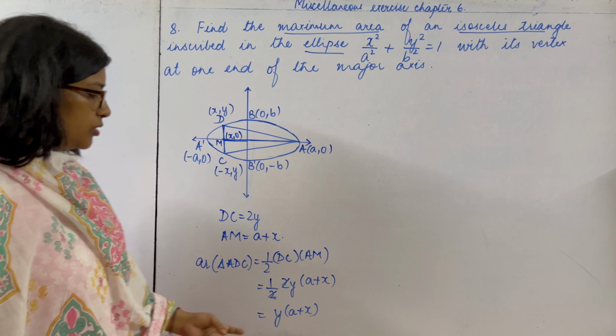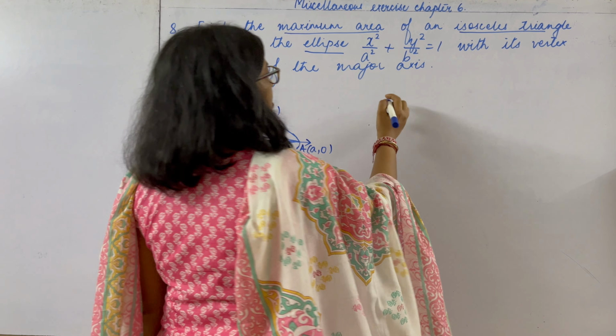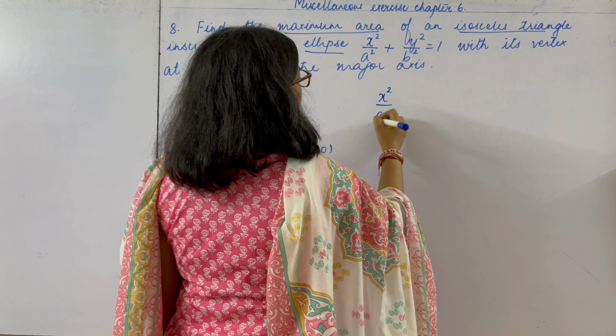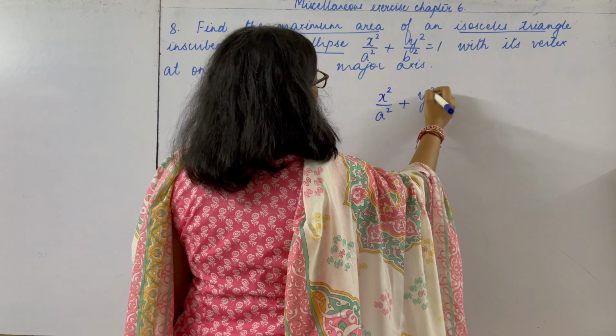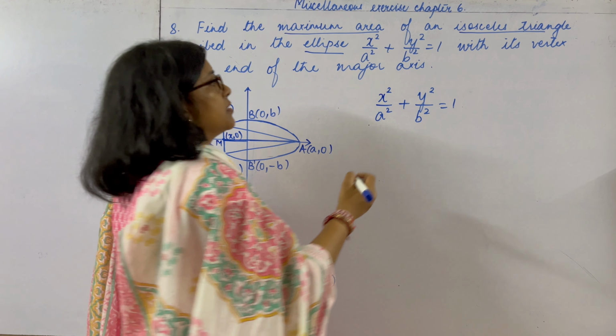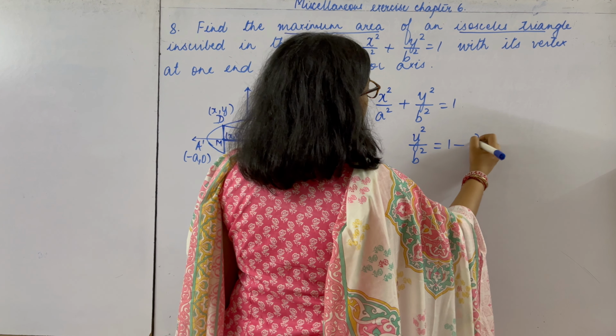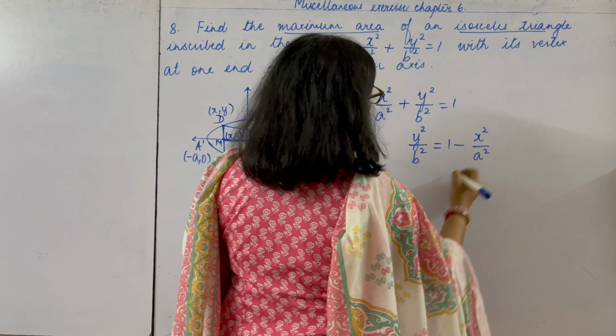Now we don't want two variables. So what we have to do is, from the equation of the ellipse, let us find what y is and replace it over here. So find y square upon b square by taking the x square upon a square term to the other side.